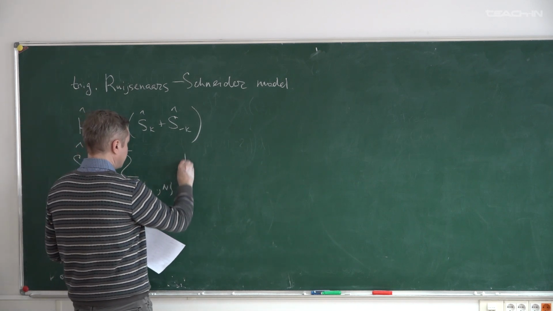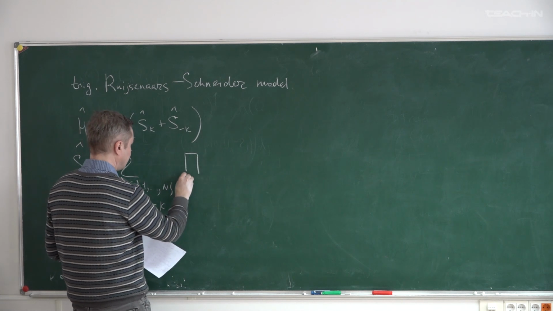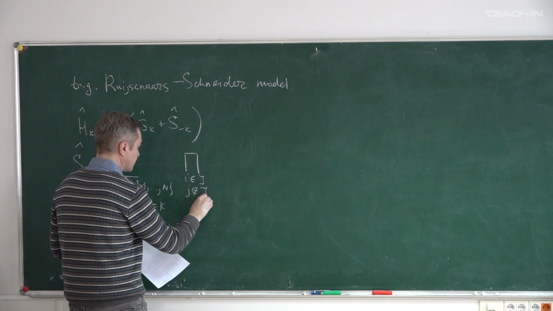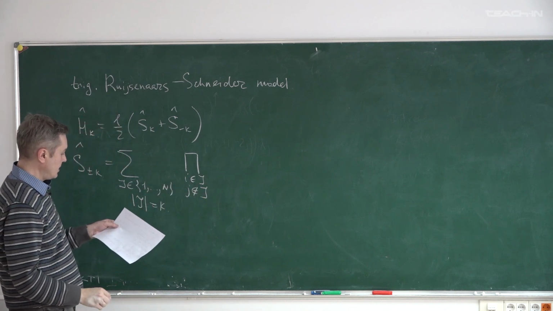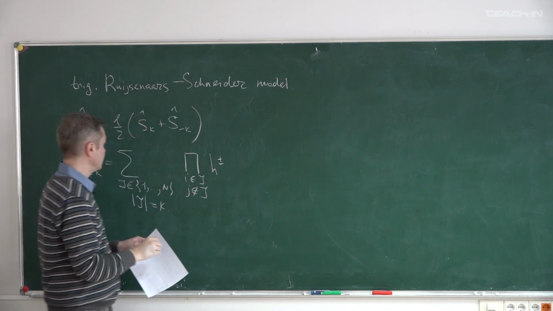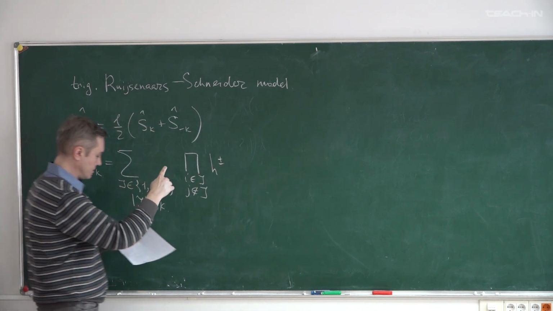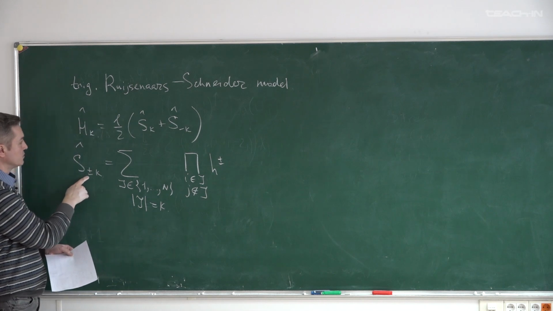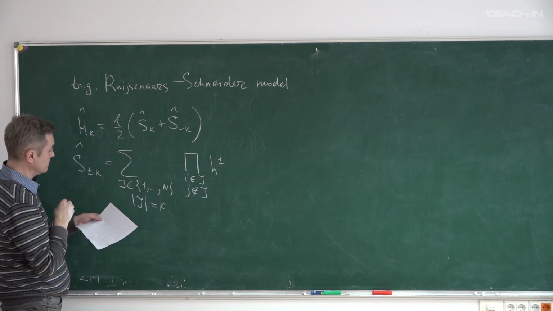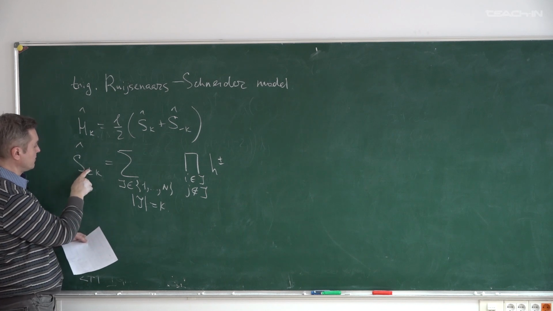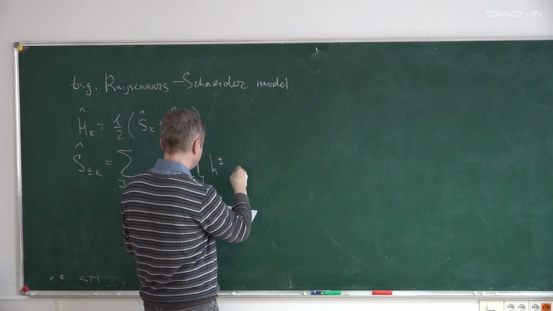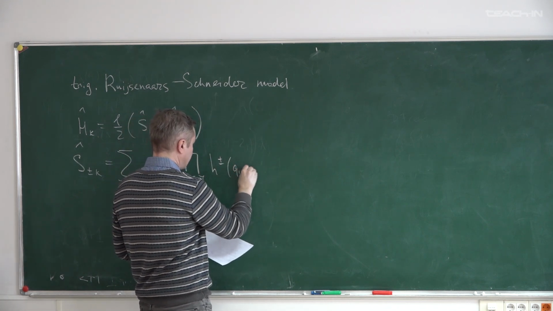And here we have a product over I belonging to this J, and J not belonging to this J large, of plus or minus, the two possible variants for plus k and minus k. We have these two sets of functions of qi minus qj.